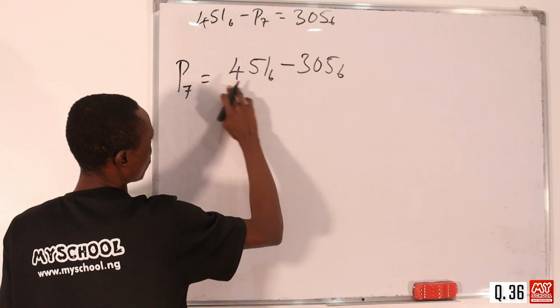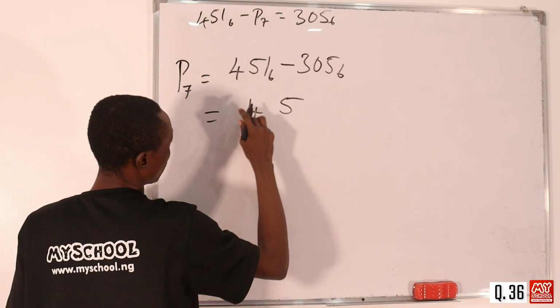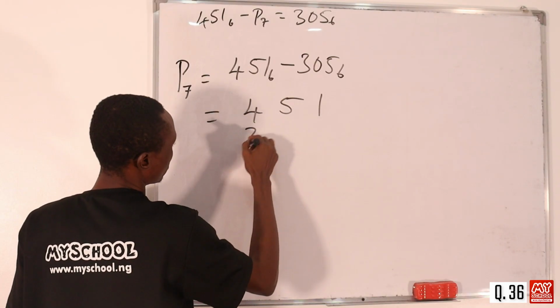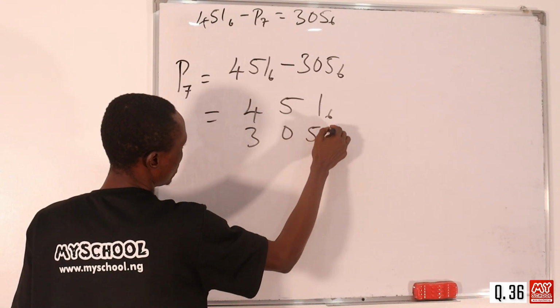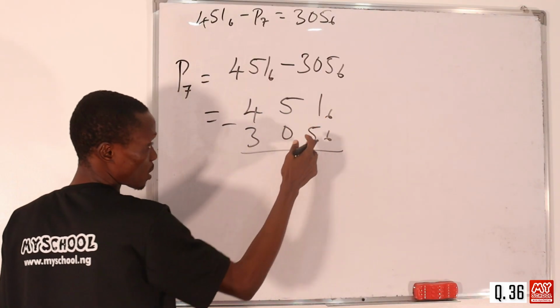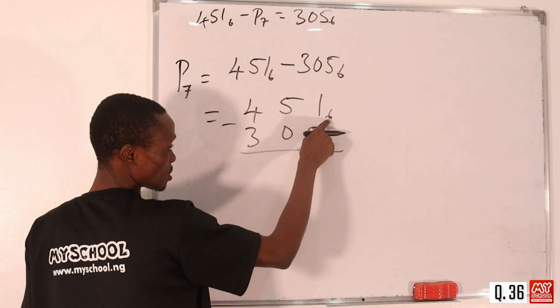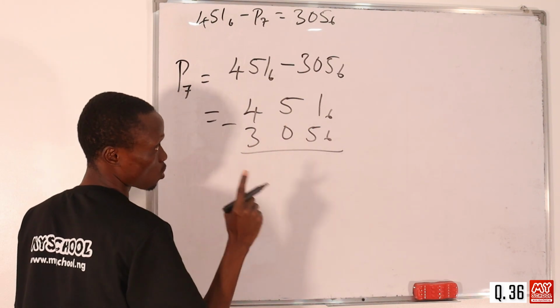First of all, let's solve for this part. We have 451 minus 305, all in base 6. Let's subtract. 5 minus 1 cannot, so we'll borrow 1 from here. Since we're operating in base 6, the one that we borrow is equal to 6.